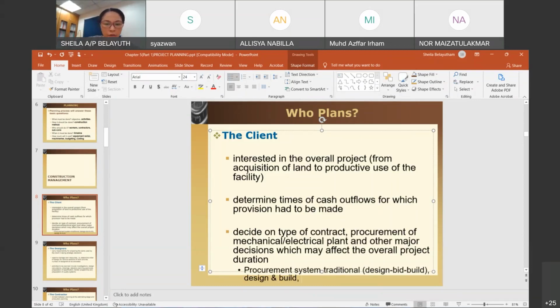And then we have turnkey maybe. Design, build, turnkey, almost there. And then we have build, operate, transfer. So, something like that.